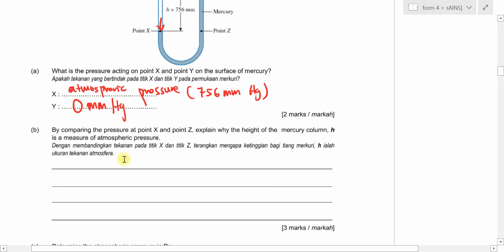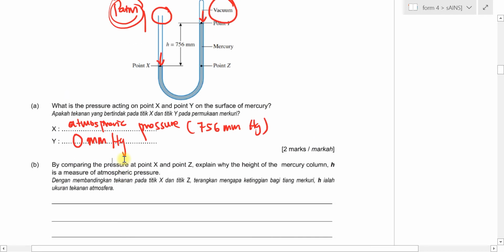By comparing the pressure at points X and Z, explain why the height of the mercury column is a measure of atmospheric pressure. That means they are asking why this should be the atmospheric pressure. Let's look at here. You can see point X and point Z are at equal level, right?